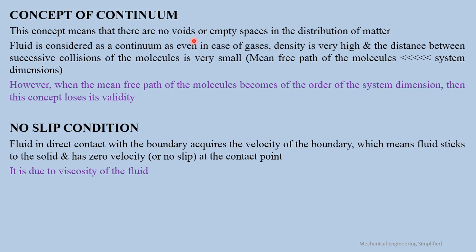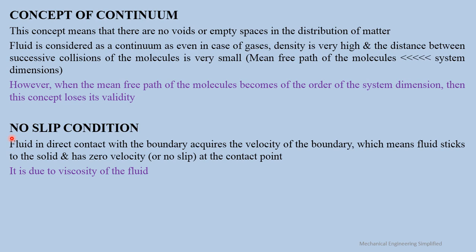The distribution is not continuous, and then this concept of continuum loses its validity, and then we have to go with another theory that is known as rarefied gas theory, which is used in the case when the mean free path of the molecules becomes of the order of the system dimensions.